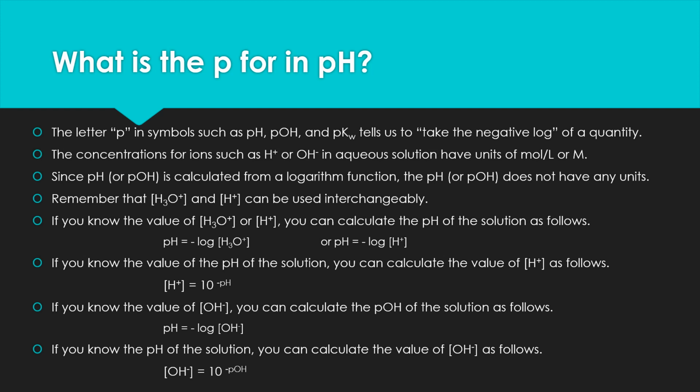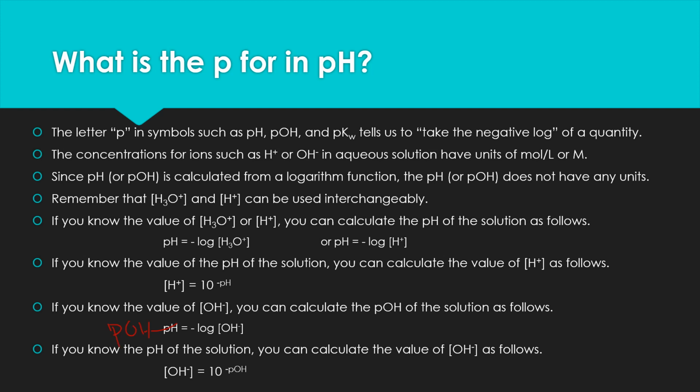We can do the same thing with pOH, okay? If we know the value of a concentration of hydroxide, again, that base concentration basically, you can calculate the pOH of the solution. So pOH equals the negative log of, that should be OH. Let's fix that.